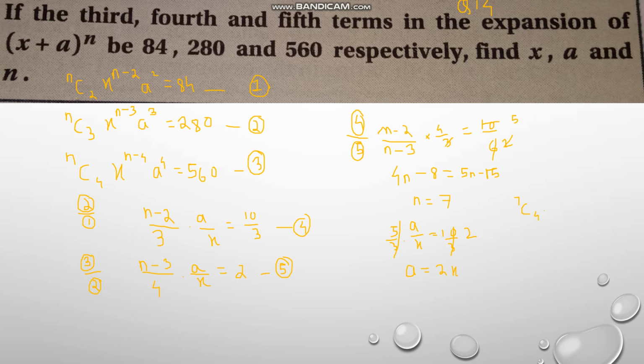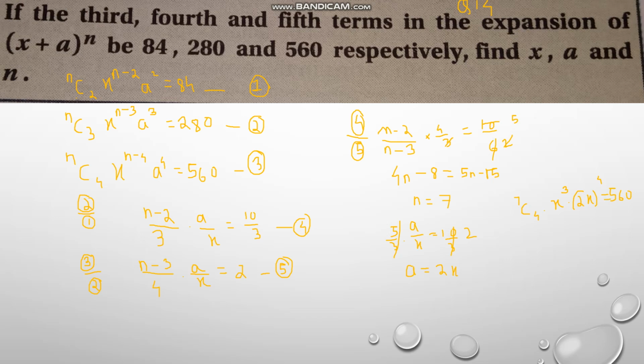7C4 multiplied by x to the power 3 multiplied by 2x to the power 4 is nothing but 560. I have not written the equals to, I am just writing it now.